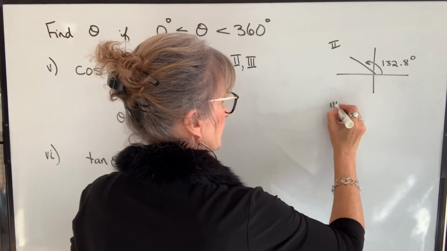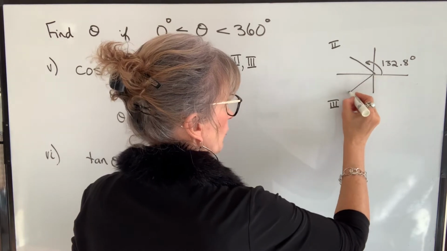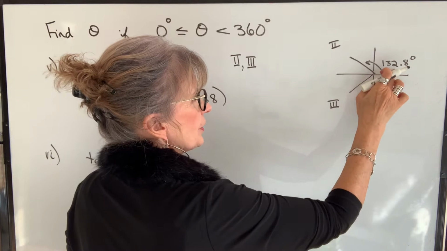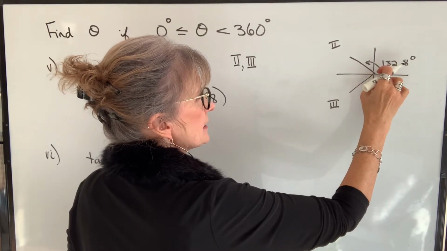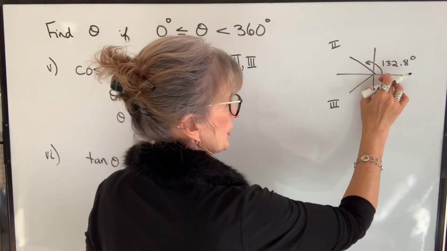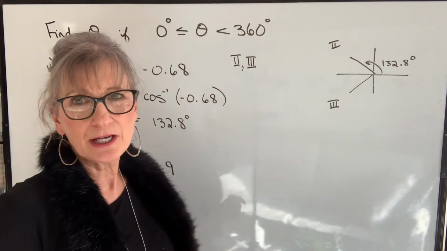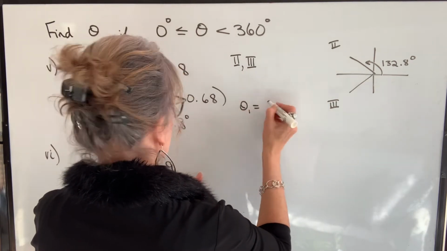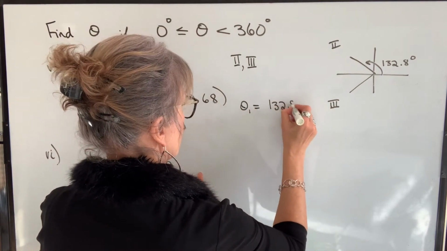To find the other angle, which will be in quadrant 3, the amount of rotation from the horizontal is 132.8. So if we went 360 minus that amount of rotation from the horizontal, we would get our angle in quadrant 3. So our first answer is 132.8.